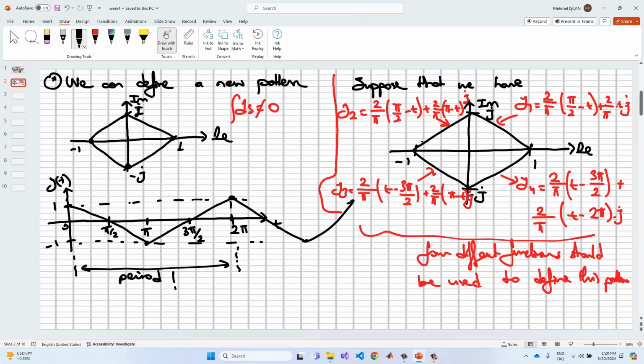signal? Because in this signal, we define y1, y2, y3, and y4. But in real life, we take a measurement from the yt, right? And so this signal could be just like that. And so how can we obtain the frequency pattern of this term in real life?